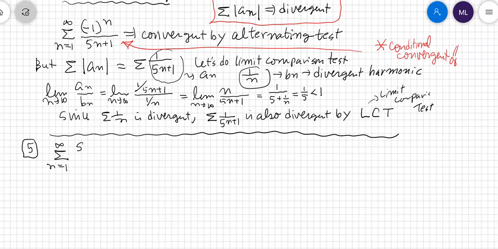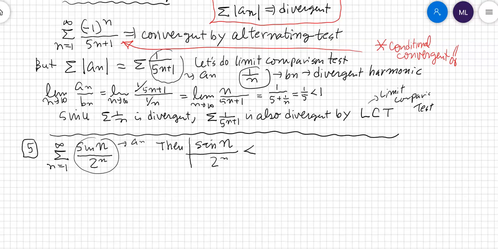Okay, number 5. Summation of n equals 1 to infinity of sin n over 2ⁿ. Now, let's call this aₙ. What is the meaning of that?